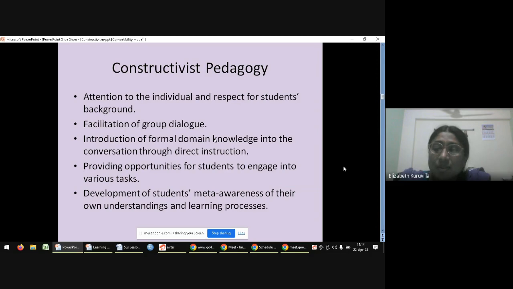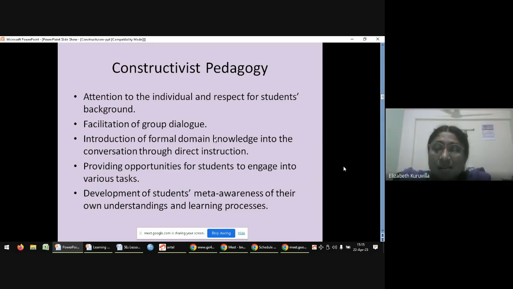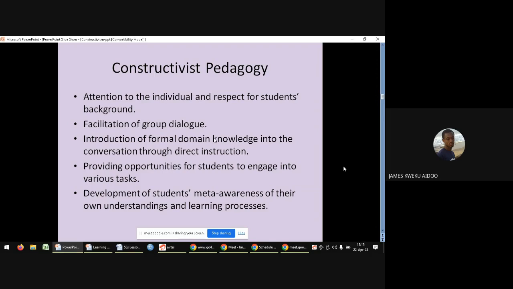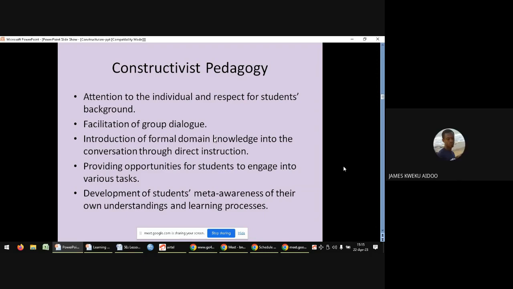Kuvuku? Or James, are you there? James? Yes, ma'am, here. Meta-awareness. So when we say meta-awareness, my understanding is that what the student knows or what the student has been able to create.